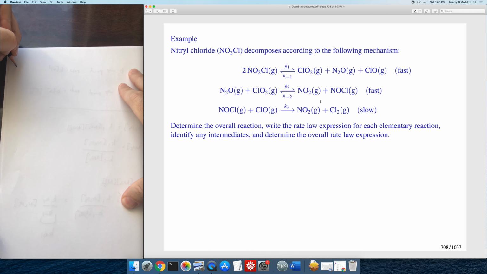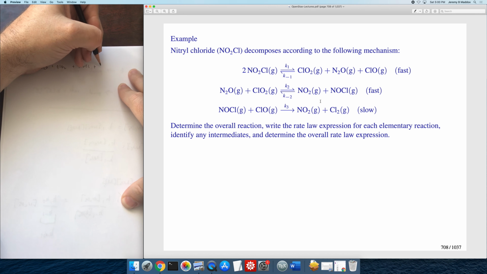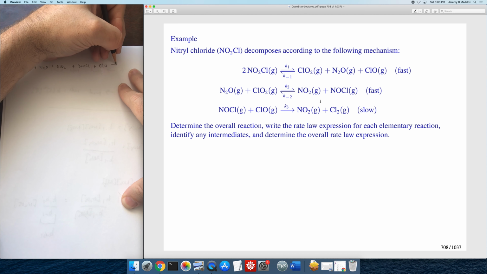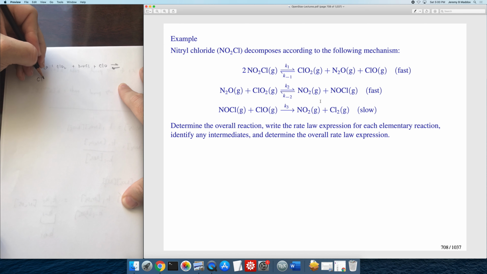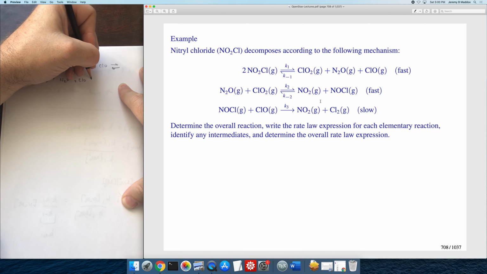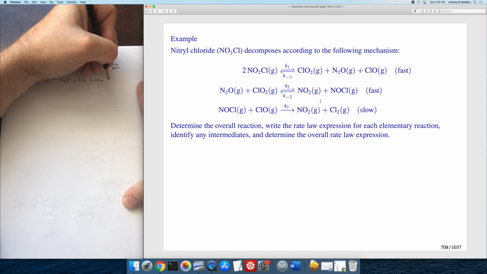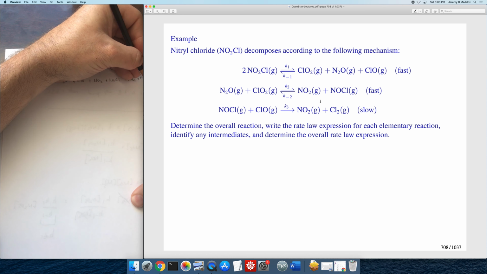So we've got 2NO2Cl plus N2O plus ClO2 plus NOCl plus ClO. Then I'm going to take all the products, ClO2 plus N2O plus ClO plus NO2 plus NOCl plus NO2 plus Cl2.